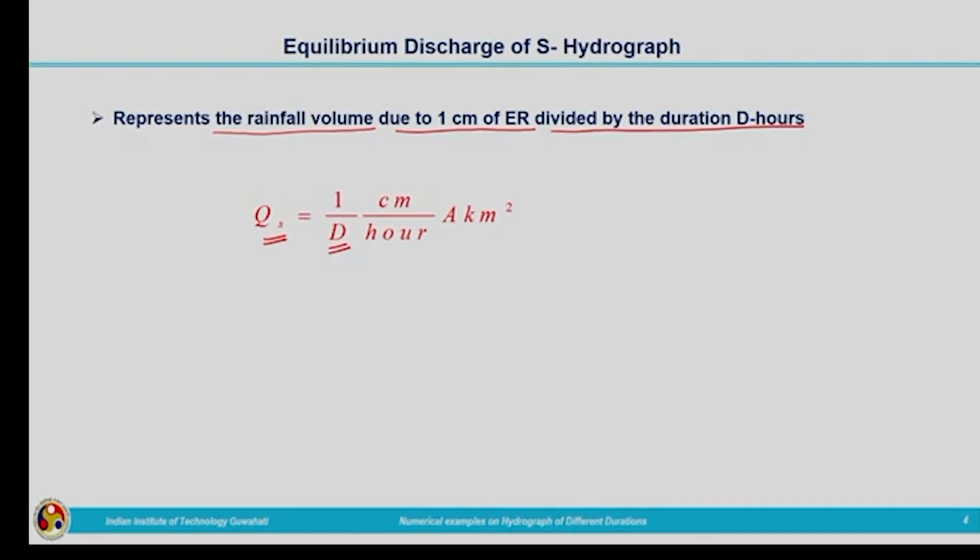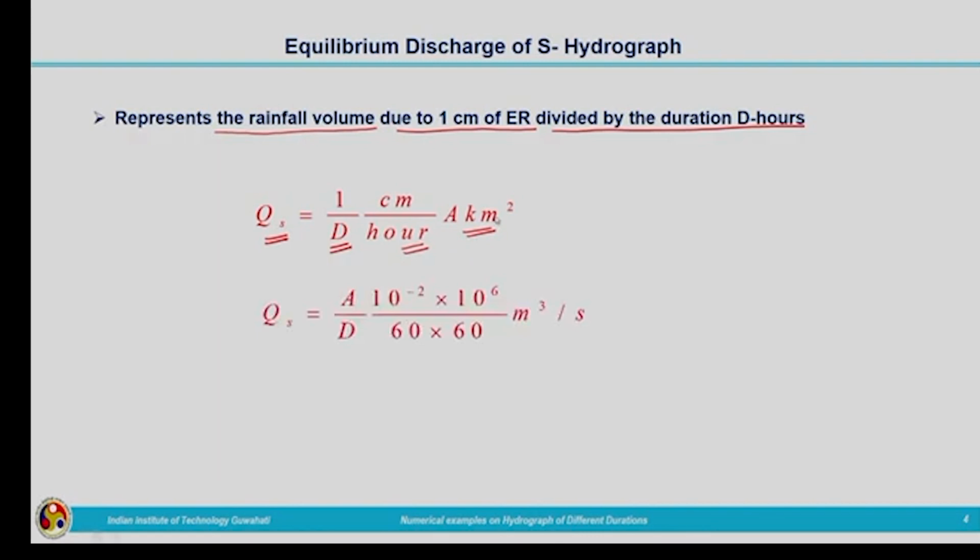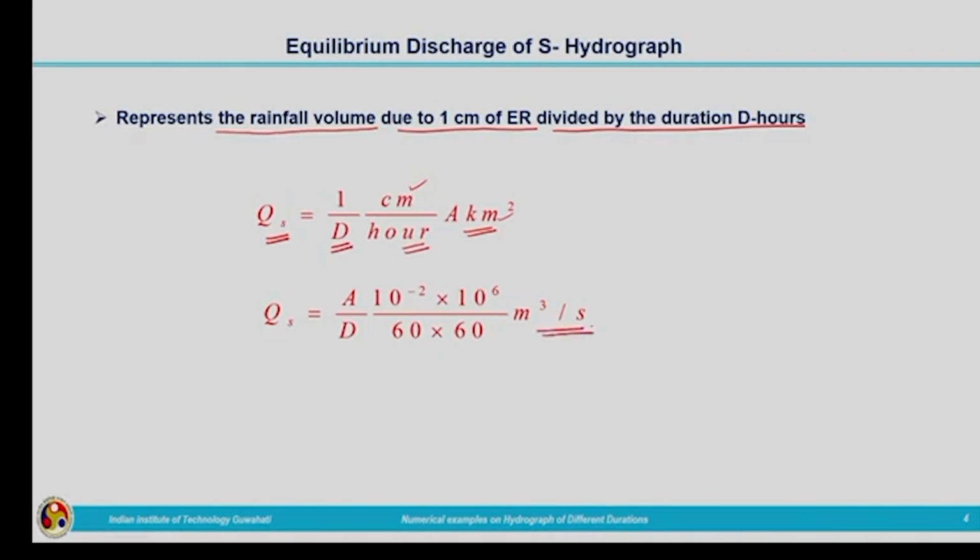That is why D and A come into the picture. So, 1 by D centimeters per hour acting on an area of A kilometer square. We have kilometers and centimeters here, so everything is converted to SI units, that is, meter cube per second.